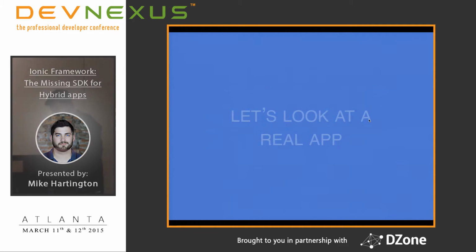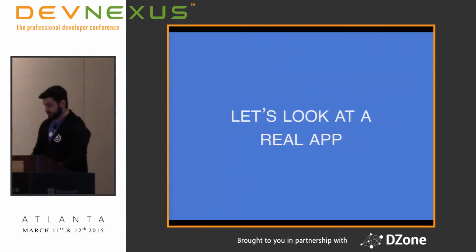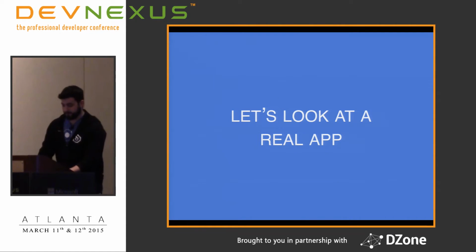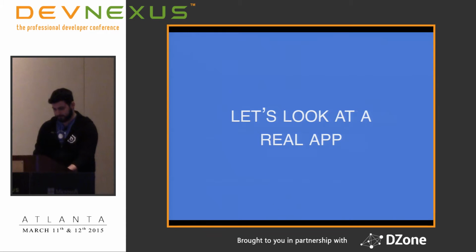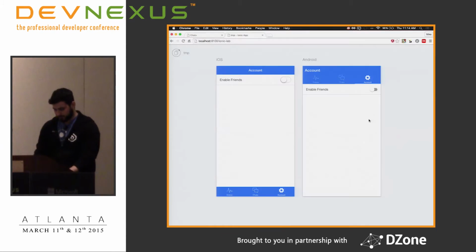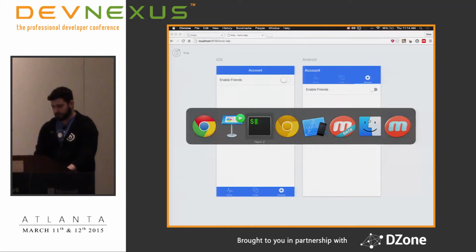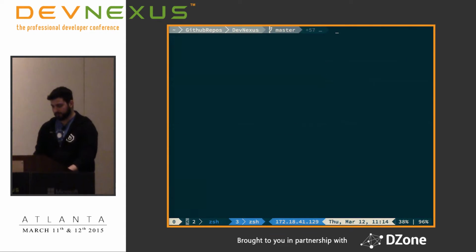So this will be an example of what a real app built with Ionic looks like. So come down here, switch to this directory. I'm just going to open this up in Sublime.